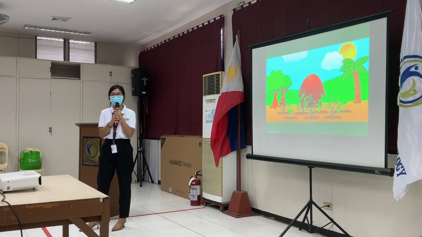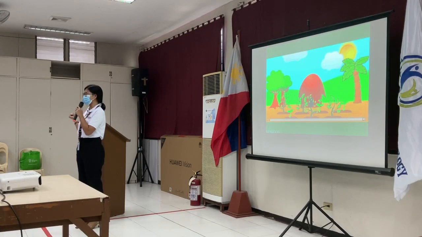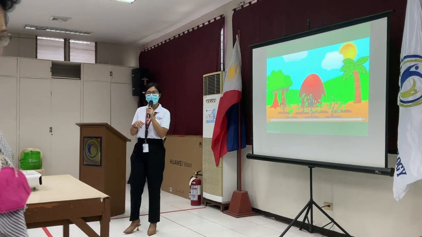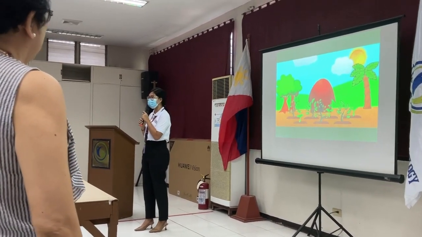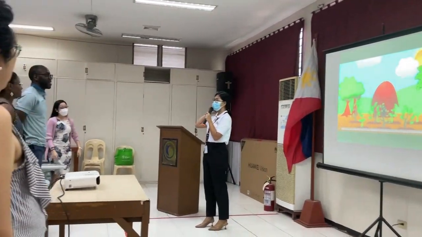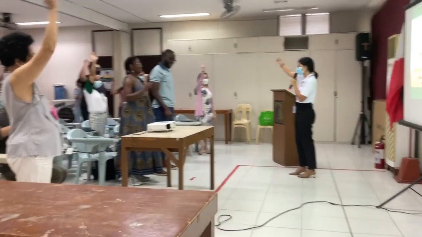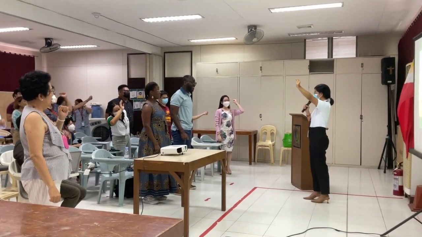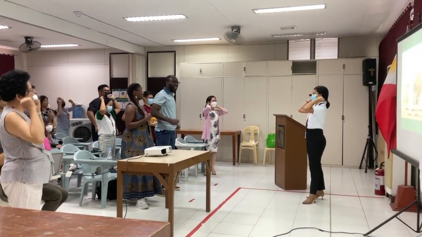So let's just follow. Let me request everyone to stand up. Again. If the song calls for saging or banana, you raise your right hand. Saging, saging, twice. And then, manga, manga, left hand. Both hands, papaya.